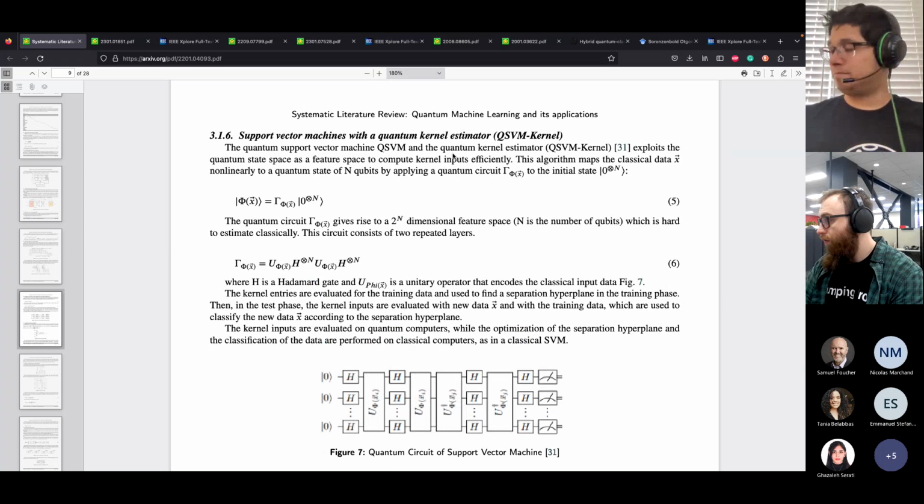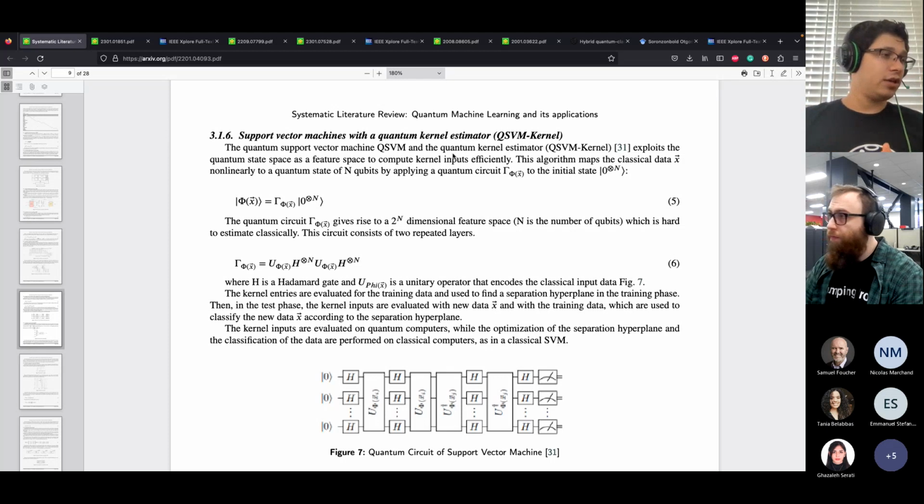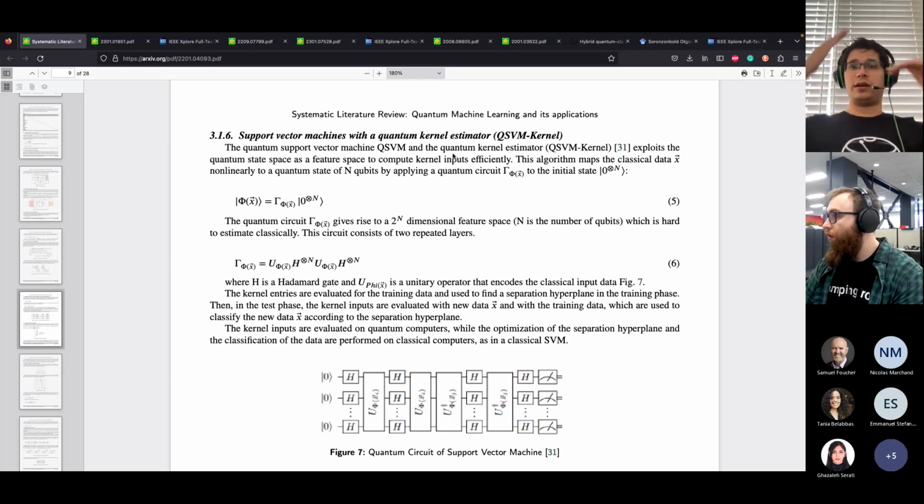Basically, a kernel method is looking for a separation between your data in a high dimensional space. But you don't need access to this higher dimensional space if you have a description of your kernel.